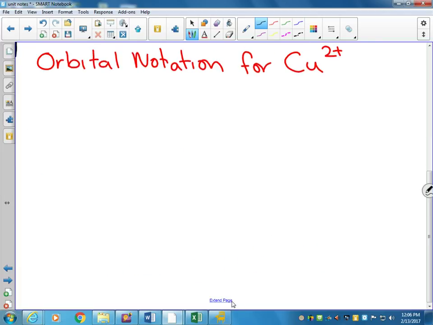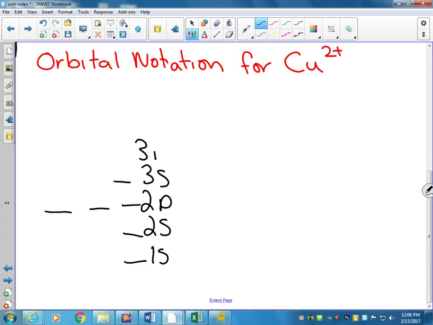So where is copper? It's stuck in, what, the 3d's? And we're doing orbital notation, so that means start at the bottom and fill up, right? So we have 1s, then we have 2s, then we have 2p, I need 3 lines, then I have 3s, 3p, 4s, and then 3d's.